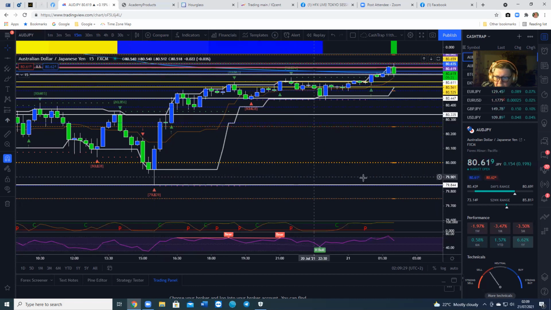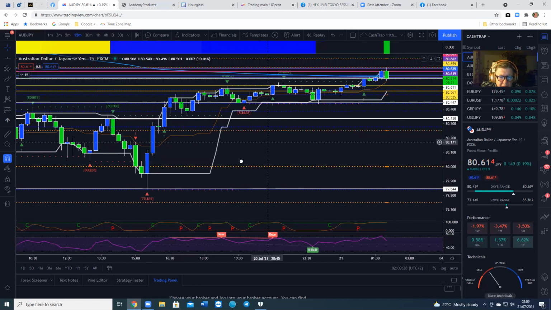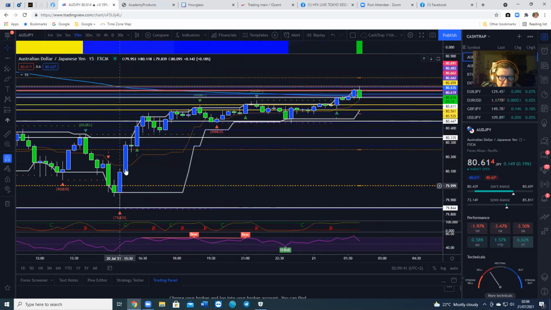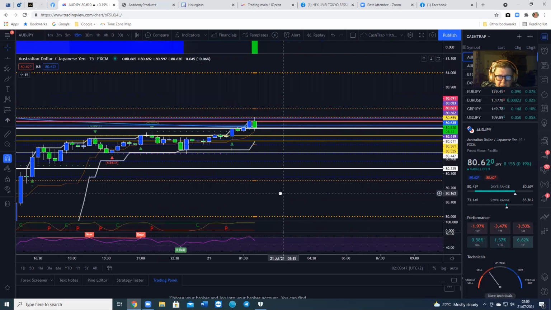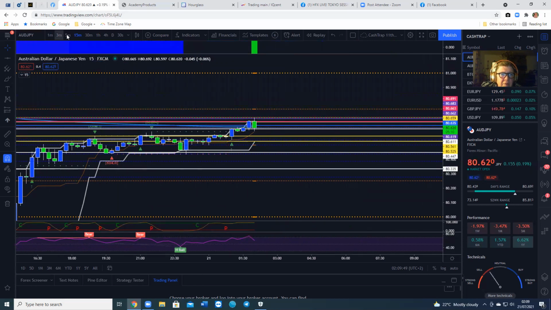So it just dipped below this very major level of 80000, very important level. And that was in New York, so it started to come up in New York session and still moving up. So that's how we're reading the charts.